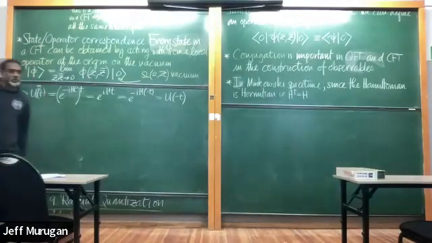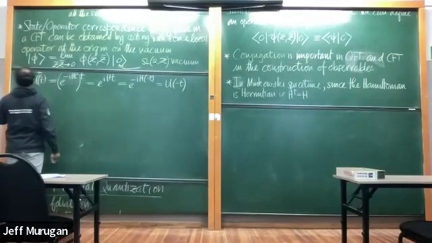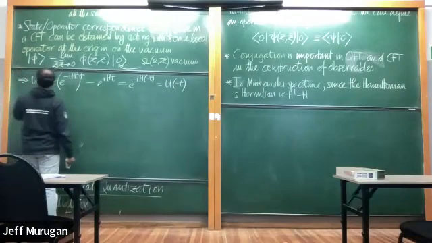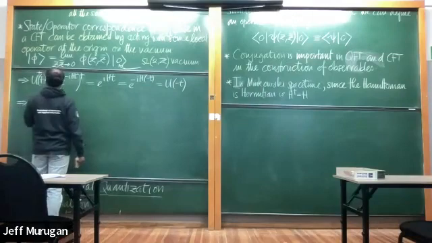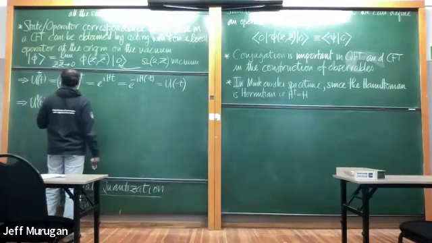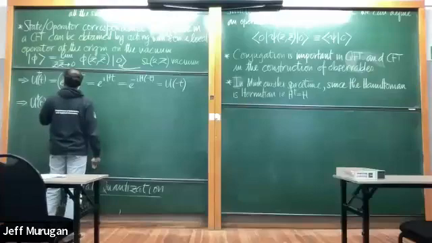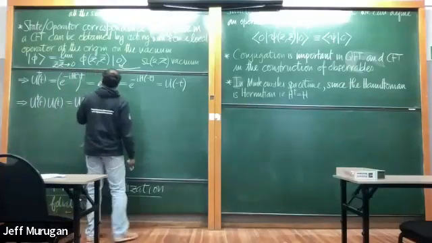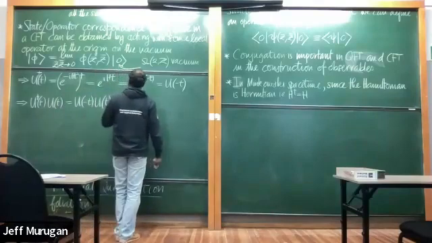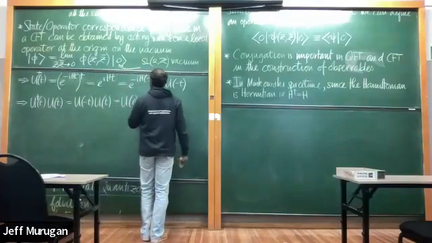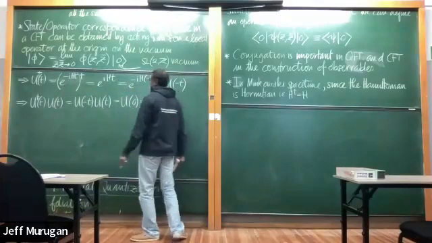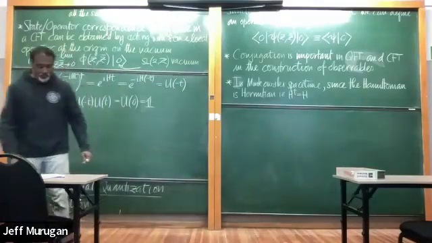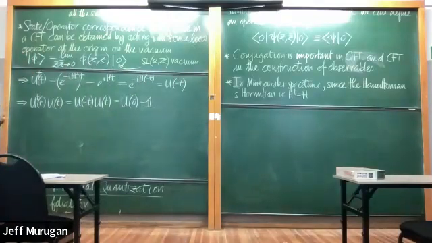An immediate consequence is that if I take U(t) dagger and multiply it by U(t), this is U(-t) U(t), which is U(0), the identity. And this is the statement that the time evolution operator is unitary.